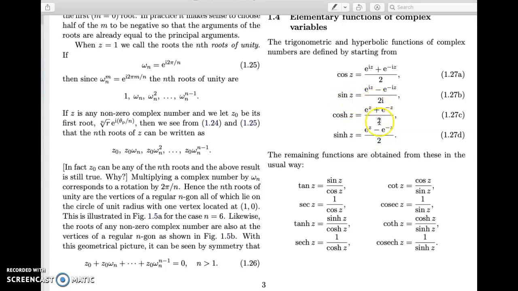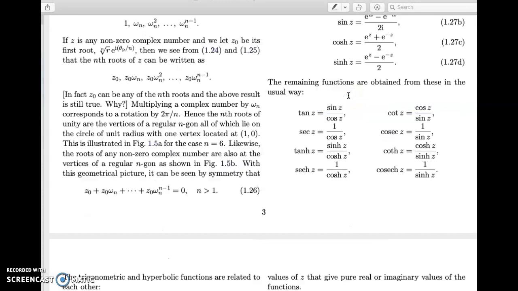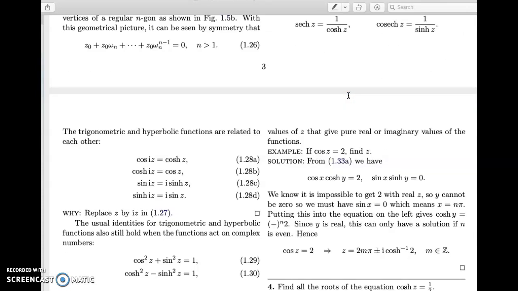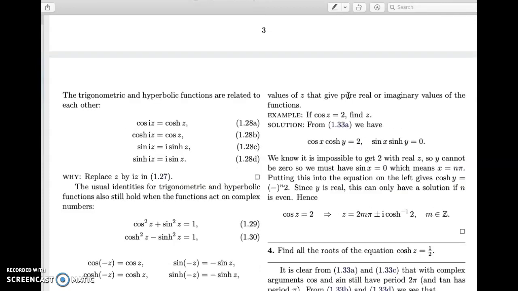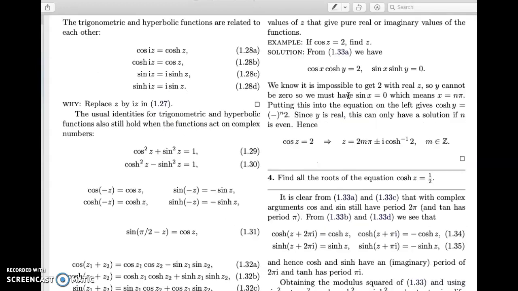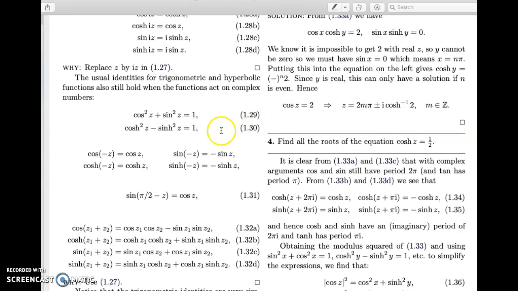You need to divide by i to get sine z. That means i times sine iz is equal to sinh z. Sorry, is that what I said? Yeah. Okay.